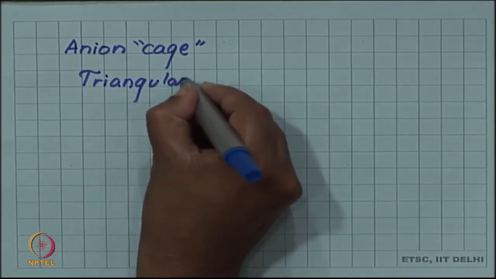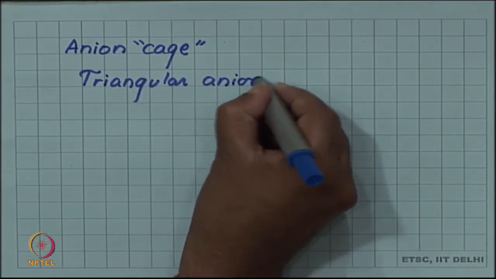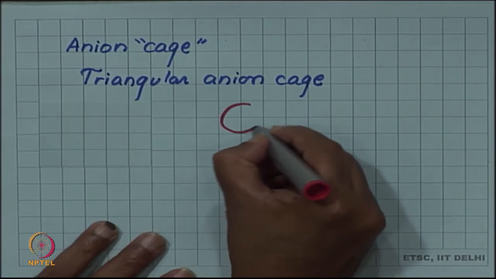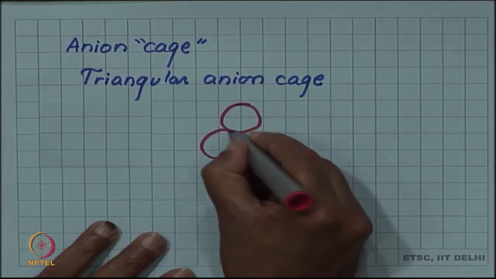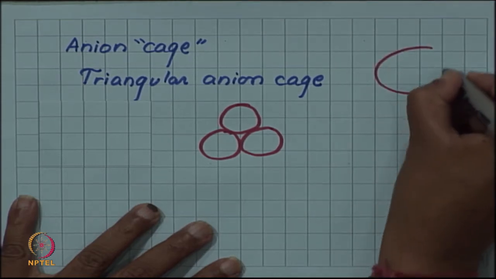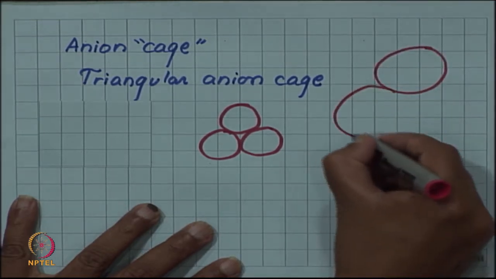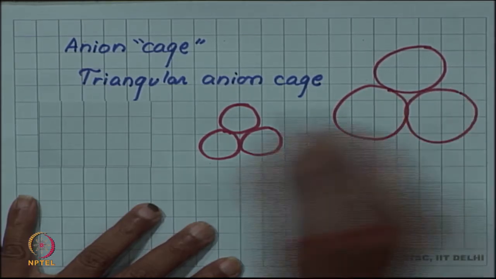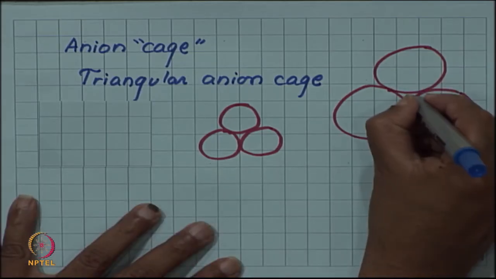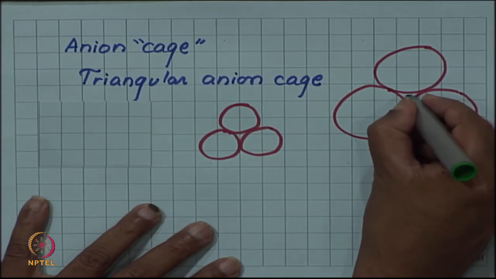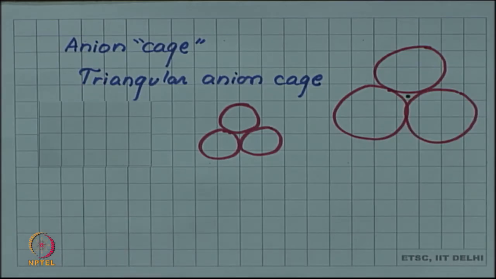By this I mean that I will take my anions sitting on the vertices of an equilateral triangle, and let me introduce a very small cation there.